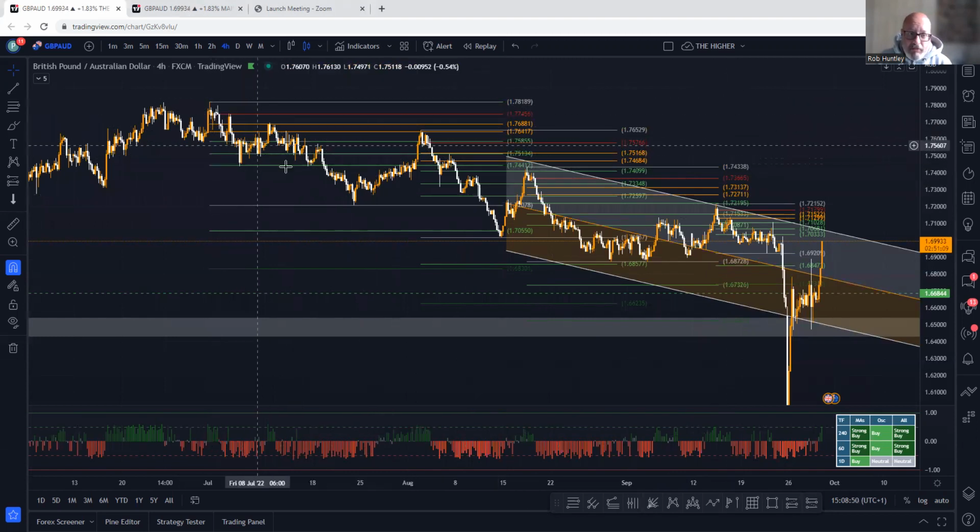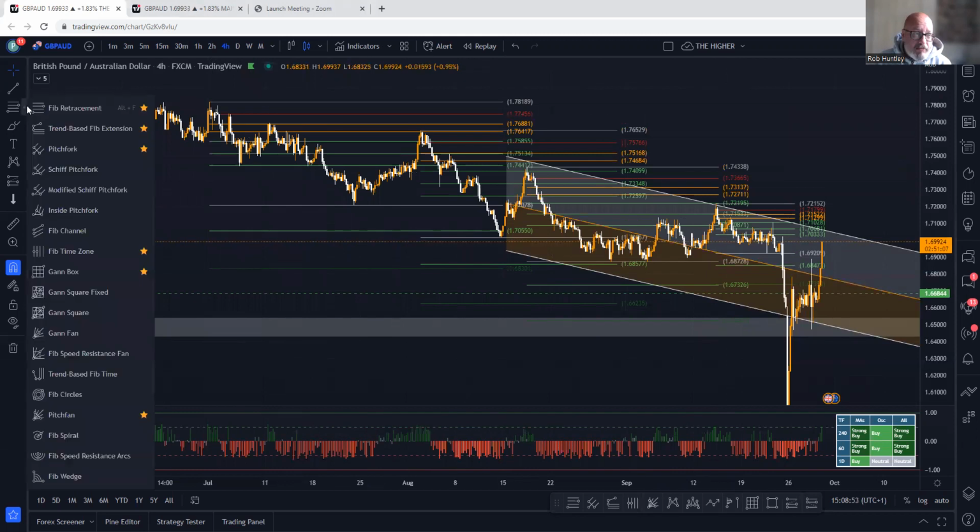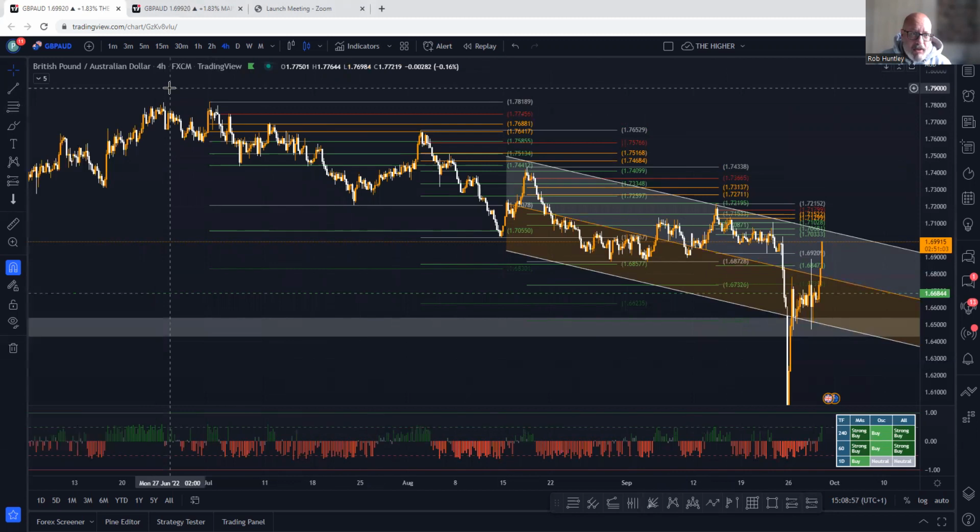So this fib retracement tool, you normally get it from the second one down, that one there. I know in one of the previous videos, somebody said they didn't know where to draw the fibs from and to. So for example, here, I had initially drawn them from that high there to that low there.